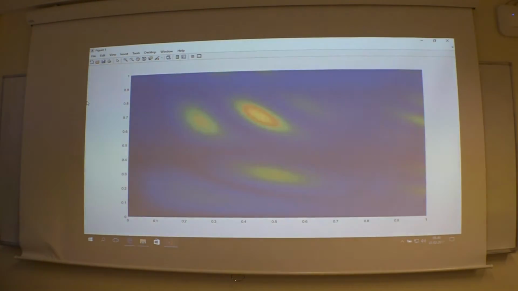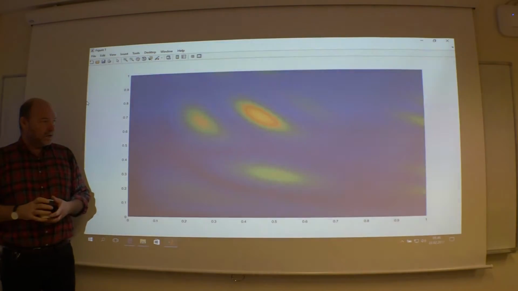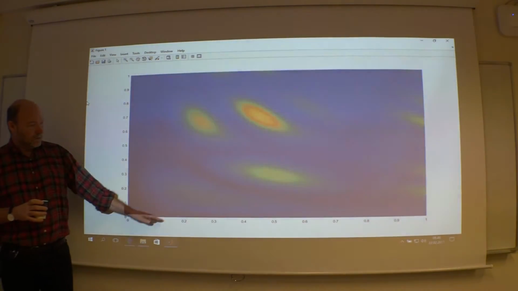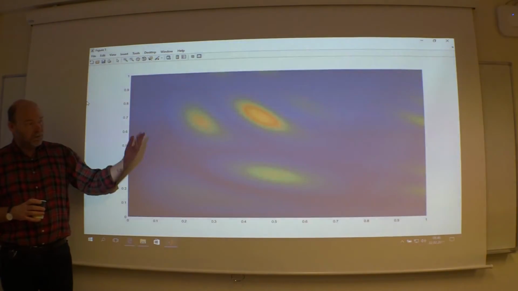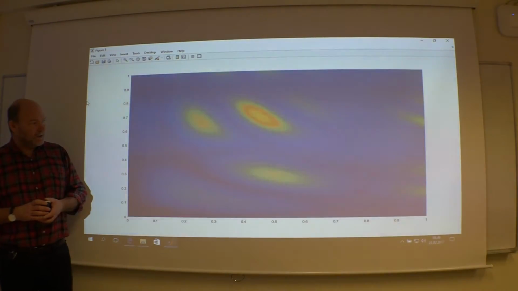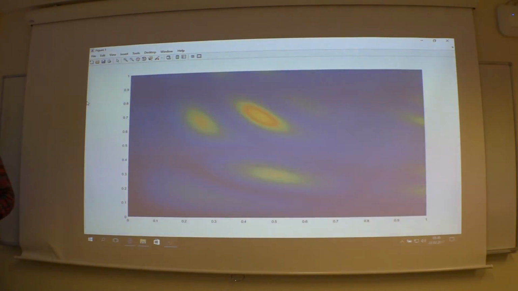So I have just constructed a terrain. It is only a two-dimensional problem, x and y if you like, and I constructed an arbitrary function that has several local maxima and minima. How do we find them?